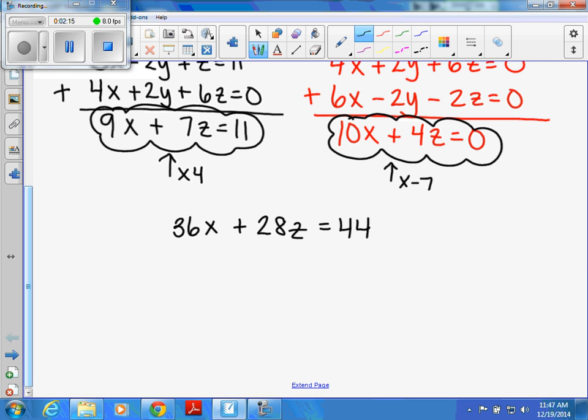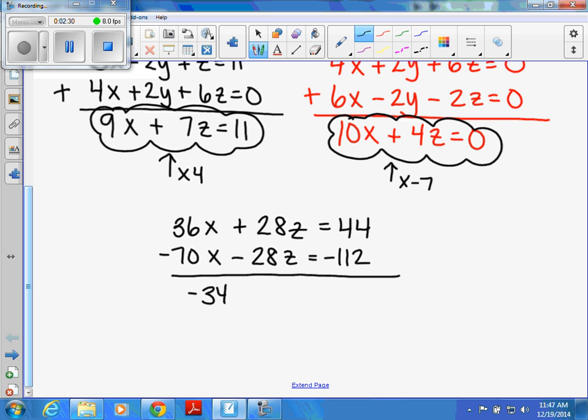That's when I multiplied all those by 4. And I'm going to multiply the red one by a -7, so that's a -70x minus 28z equals a -112. Draw my line. I get a -34x equals a -68, so x equals 2.